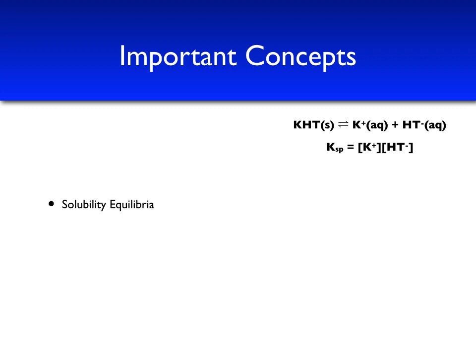When this system reaches equilibrium, the product between the potassium and hydrogen tartrate ion concentrations equals a constant. We call this constant the solubility product constant, or the KSP.